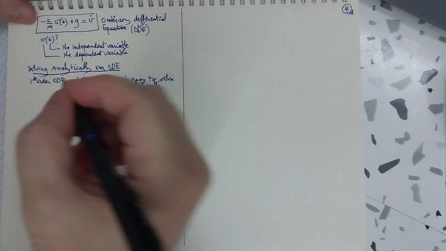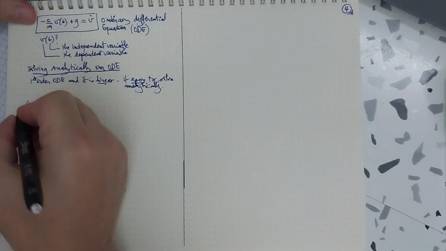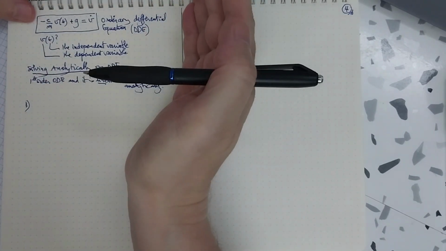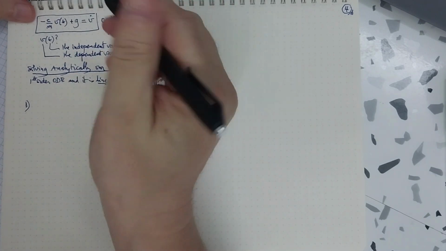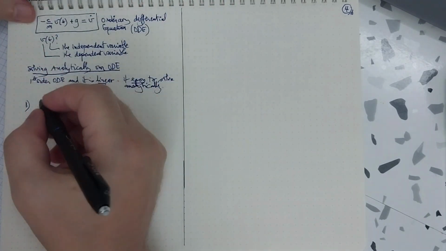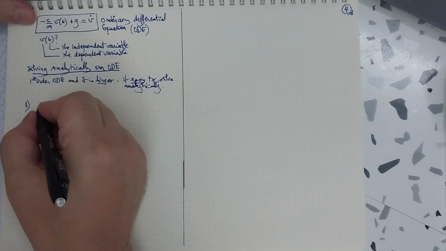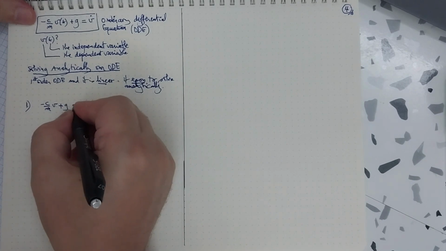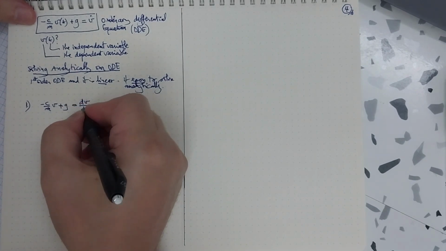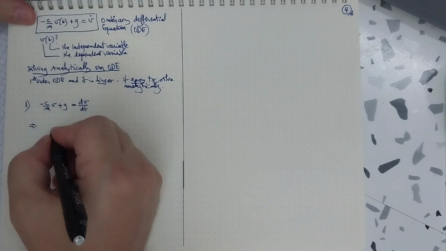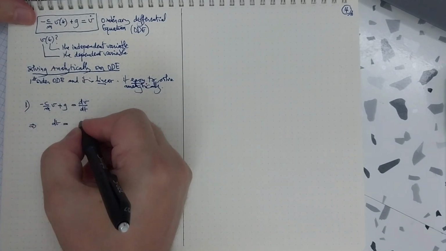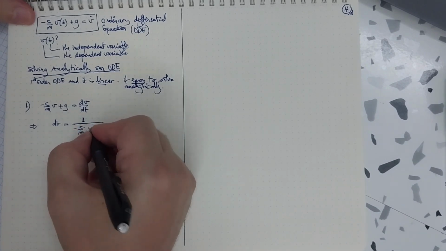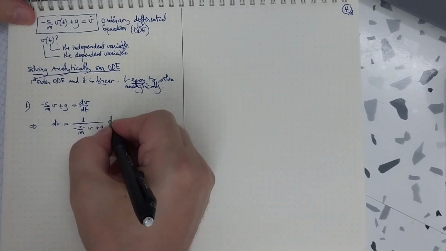How do we do that? First of all, we separate the variables. We have v and t. v the dependent and t the independent. So I write this in this way. Minus C over m v plus g equal dv over dt, which implies that dt equals 1 over minus C over m v plus g dv.